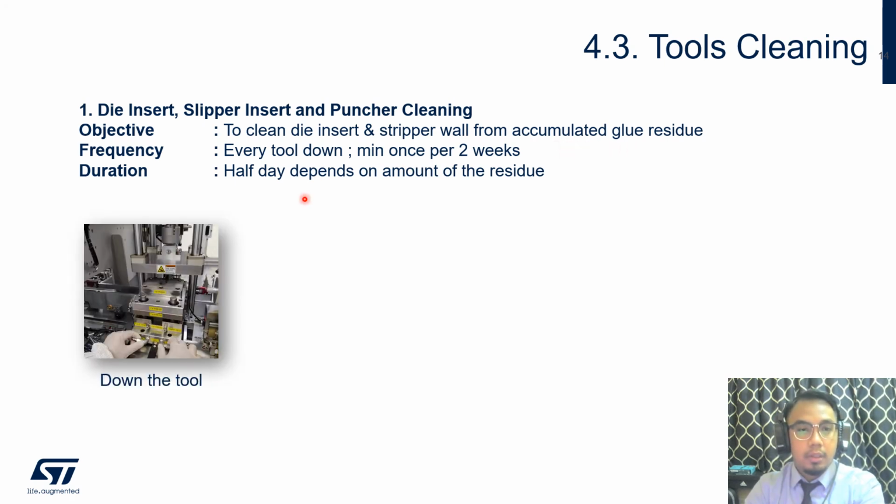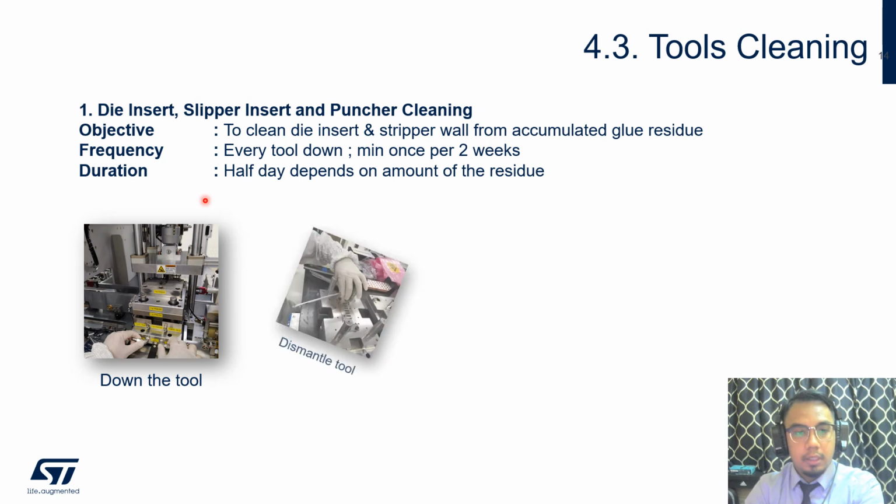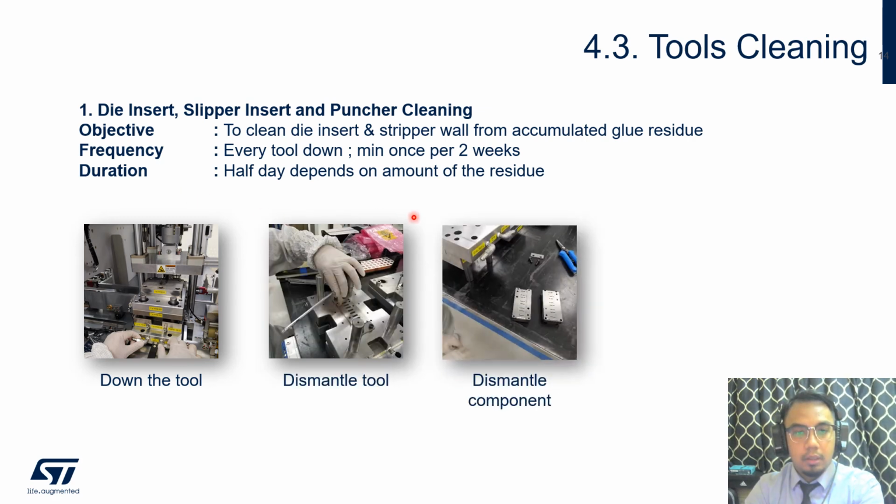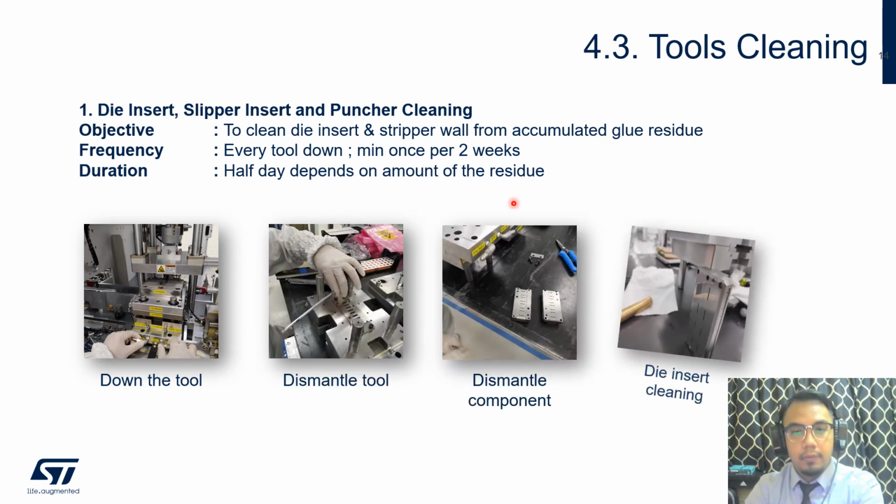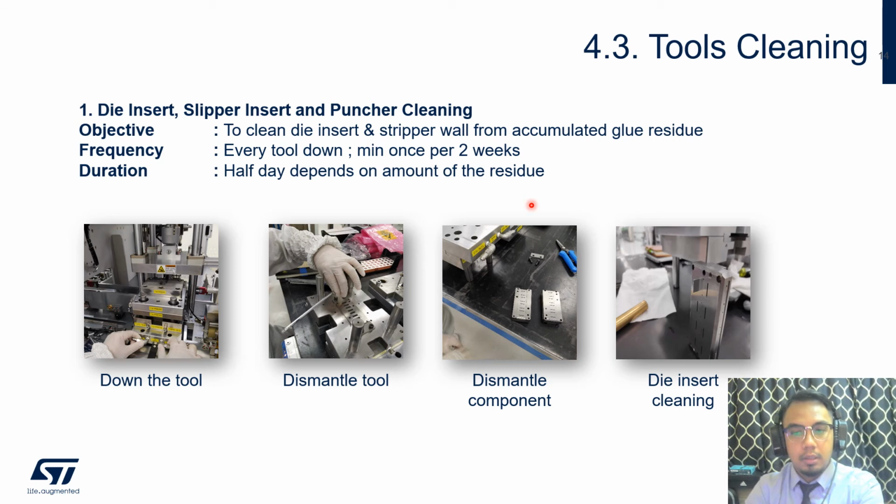The frequency for cleaning the tools is a minimum of once per week, and the duration is half a day, depending on the amount of residue. This tools cleaning will be required if there are some issues on the lid locking tab.